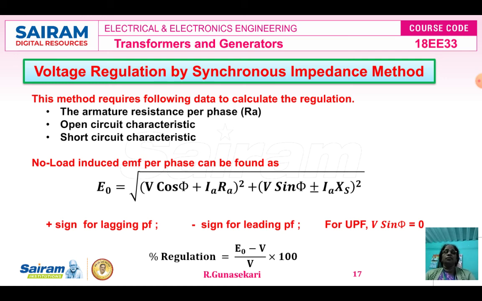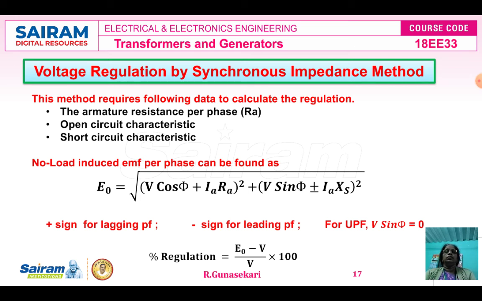From the synchronous impedance method, we calculate the no load induced EMF, that is E0. The general formula is E0 equals root of (V cos phi plus Ia Ra) the whole squared plus (V sin phi plus or minus Ia Xs) the whole squared. In this formula, plus sign is for lagging power factor, minus sign for leading power factor. For unity power factor, the V sin phi term goes to 0 value.